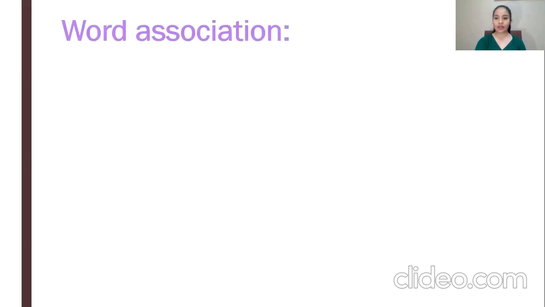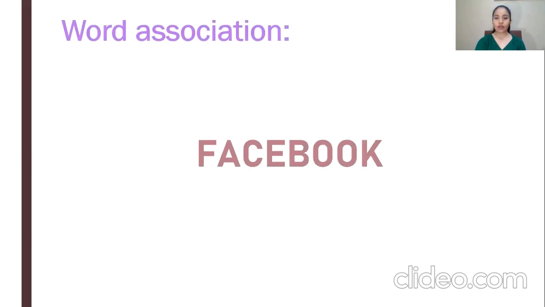I'm going to write the word Facebook in the middle of the board, and you have to think of as many words as possible related to the word Facebook. For example, I can think of the word friends, because in Facebook we have friends or we add friends. I can also think of the word wall, because in Facebook there's a wall where we share photos, status, and so on.